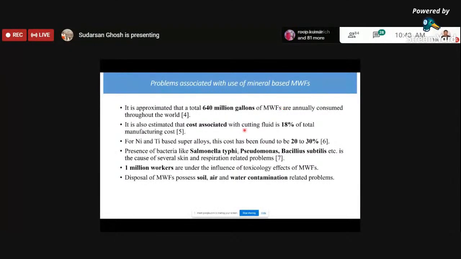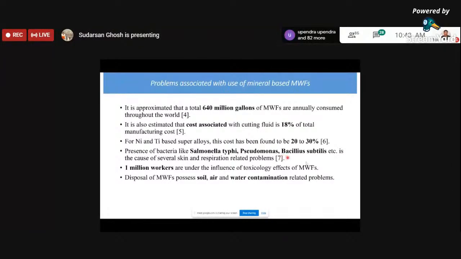But there are certain health-related issues also with the usage of metalworking fluids. In many of these fluids, bacterial growth takes place. These are some of the names of the bacteria which are commonly found to grow in the metalworking fluid.